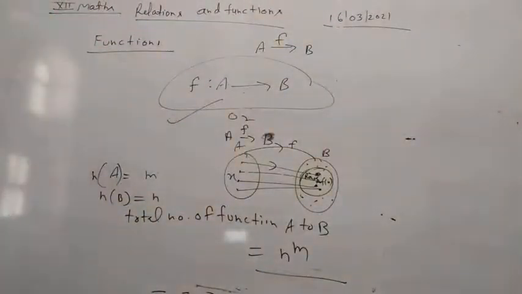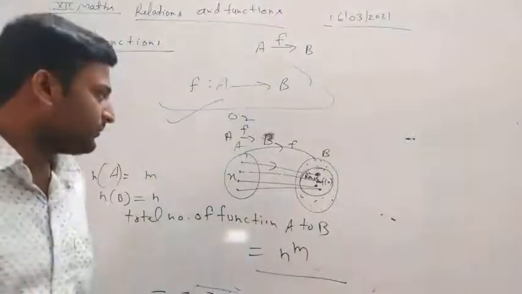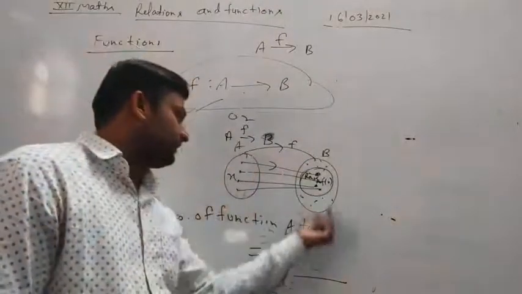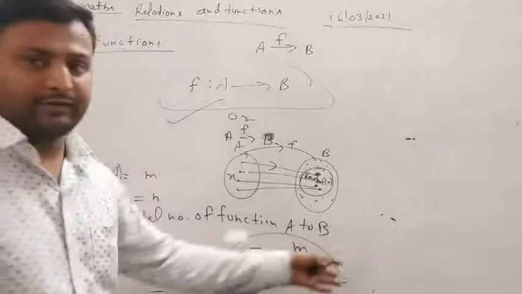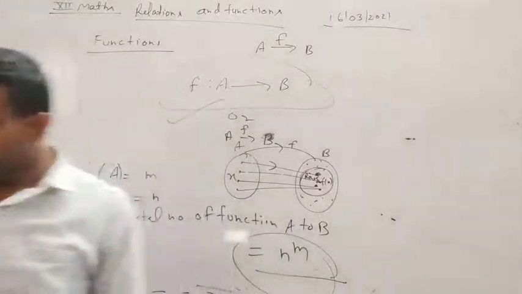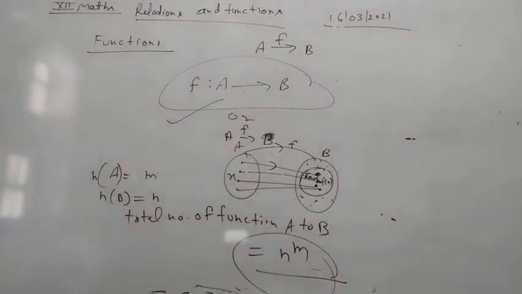This is the formula by which we can find the total number of functions from set A to set B. So if set A has m elements and set B has n elements, the total number of functions will be n to the power m. So this is called function.